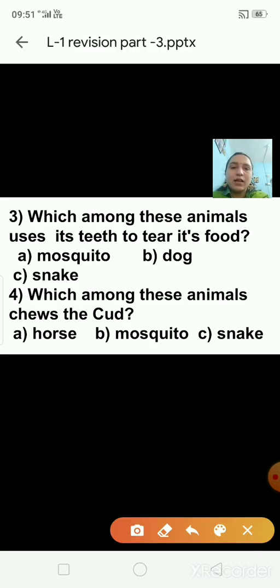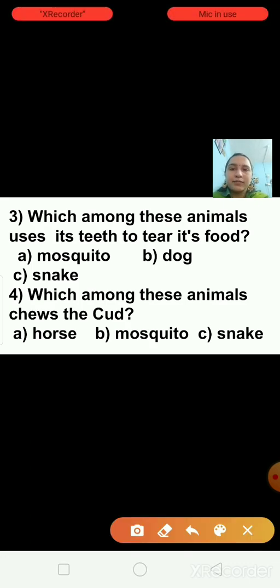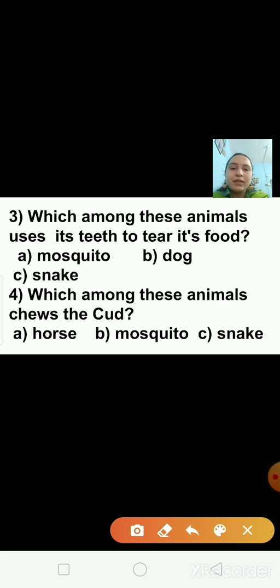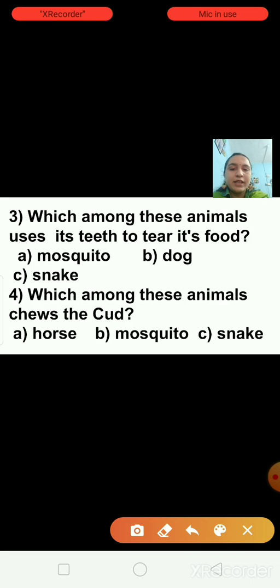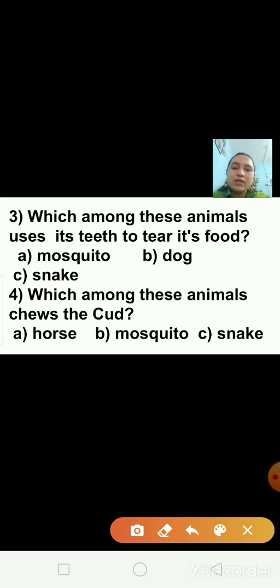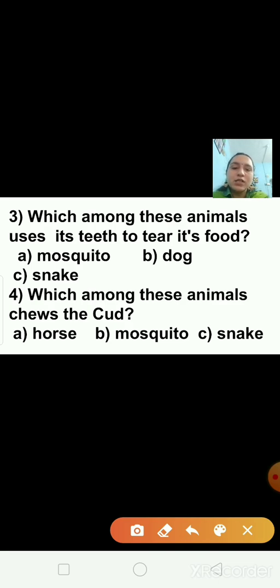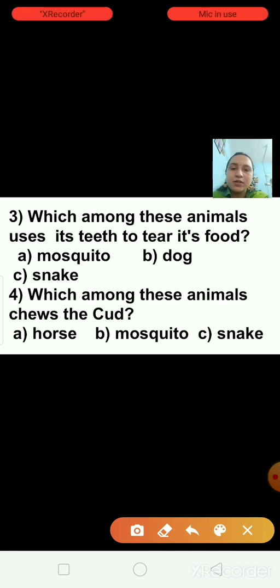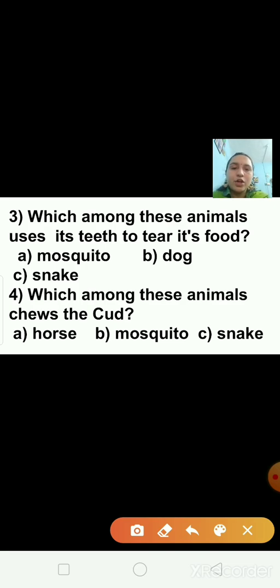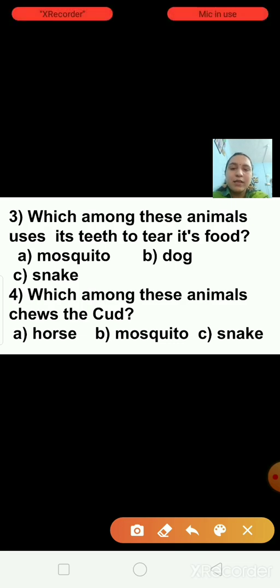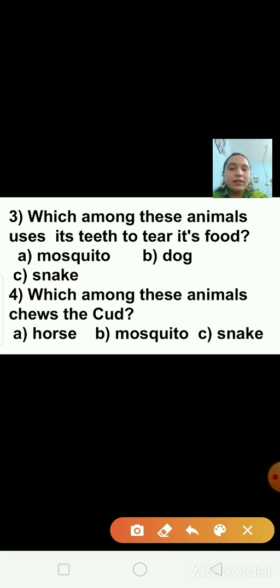Now question number 3. Which among these animals uses its teeth to tear its food? Mosquito, dog and snake. These are the options. Now tell me, which among these animals uses its teeth to tear its food?